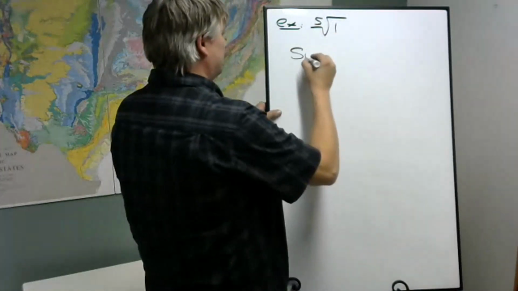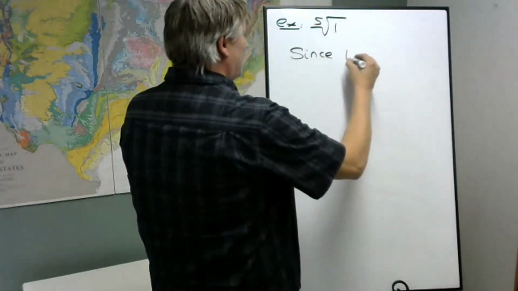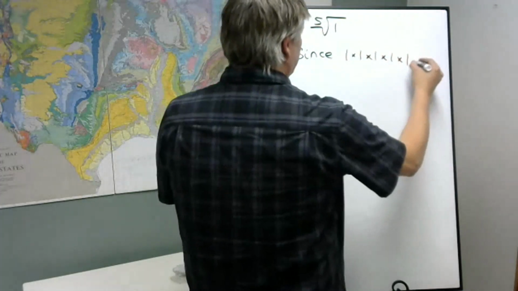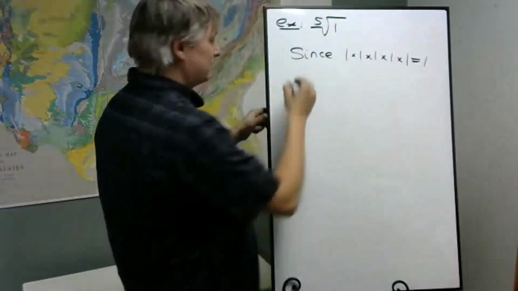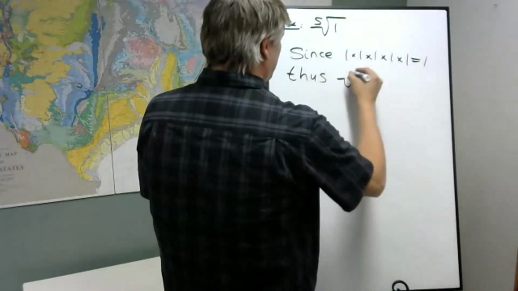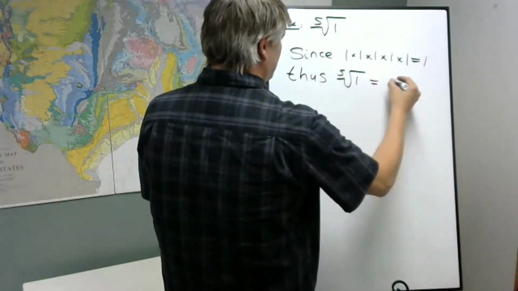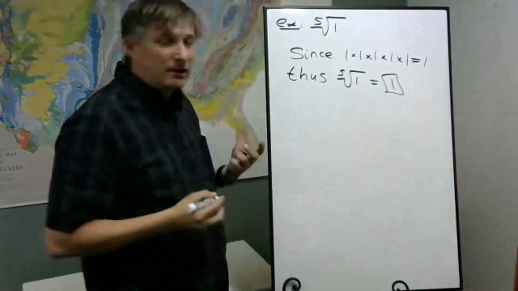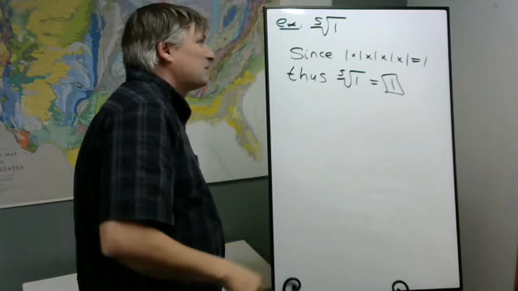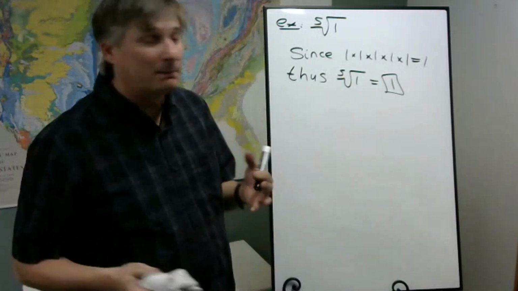Well, since 1 times 1 times 1 times 1 times 1 equals 1, thus, the fifth root of 1, well, that's also equal to 1. All right, we're doing things with 1. Let's pick something more adventuresome.